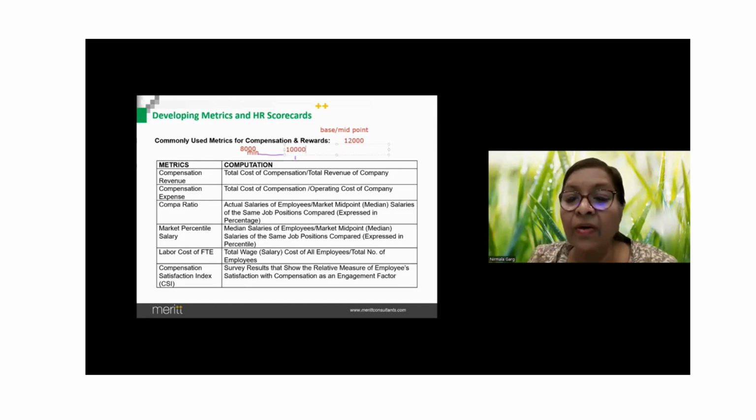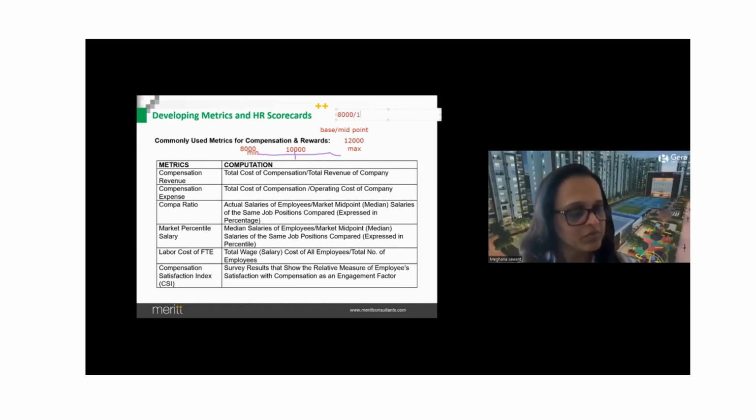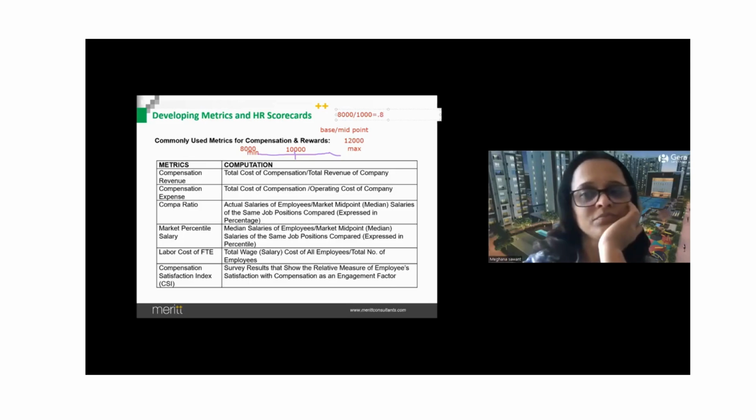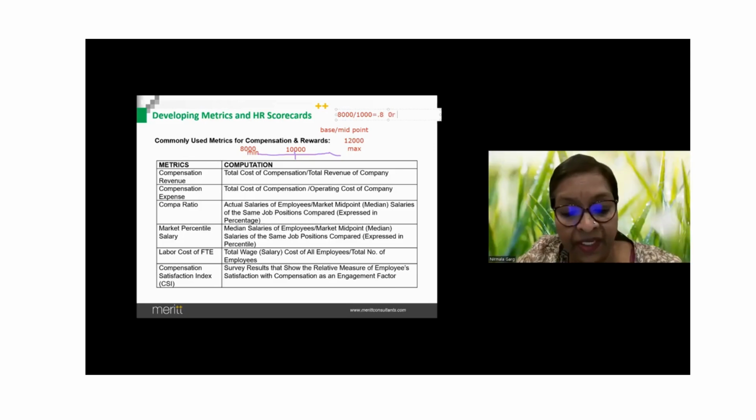Now, say for example, Devendra's base salary is 8,000. So how will you calculate the compa ratio? 8,000 divided by 10,000. Is equal to how much? 0.8, or it can be 80%.